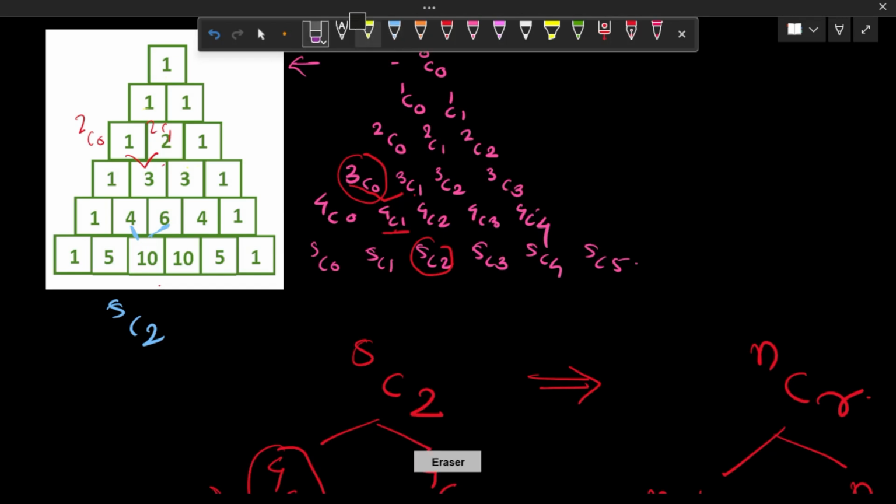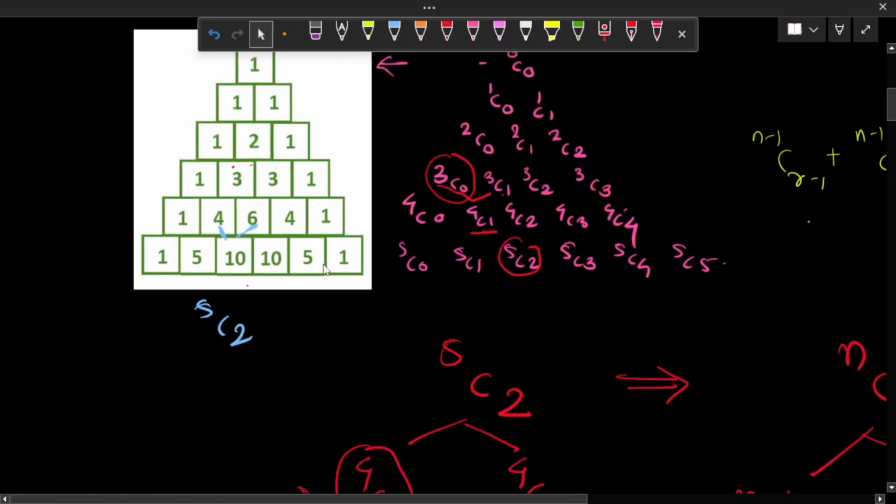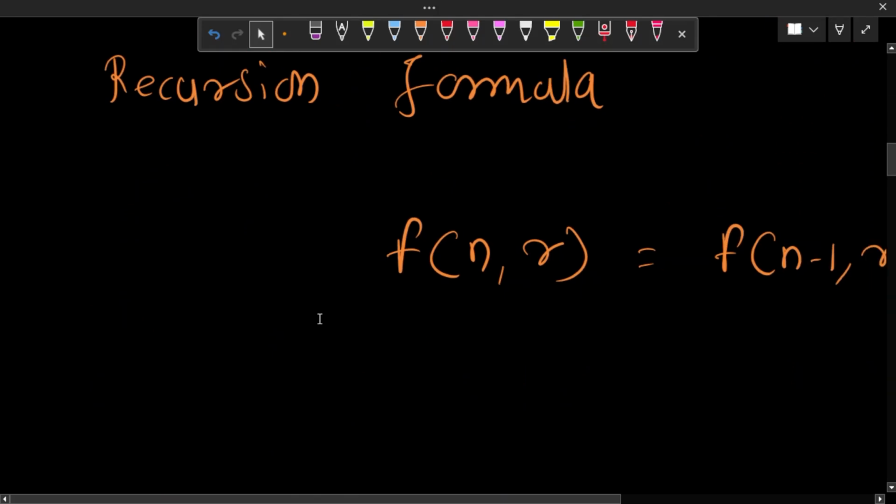If you see this Pascal triangle, it is the addition of the previous two notations, which I am saying: n minus 1 C r minus 1 plus n minus 1 C r is equal to nCr. I am seeing this, and according to this, I derive this recursive formula.